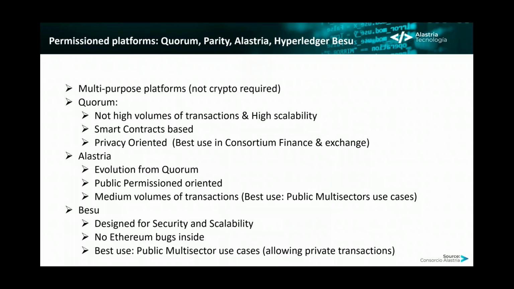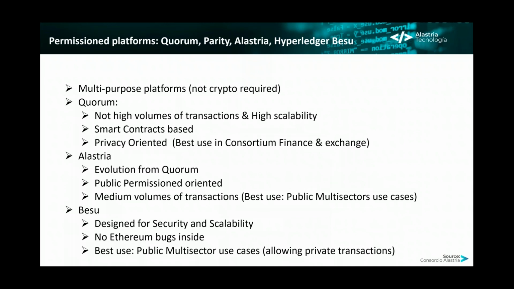When I mentioned public permissioned before, I mentioned Quorum in the privacy side, remember, not in the public permissioned, because Quorum is not open to the public. It is on the privacy side because it was created by JP Morgan. It is smart contract based, which is a point for that platform, but it doesn't support high volumes of transactions. In high scalability, you can put a lot of nodes, but it is not very high performance. Alastria is an evolution of Quorum.